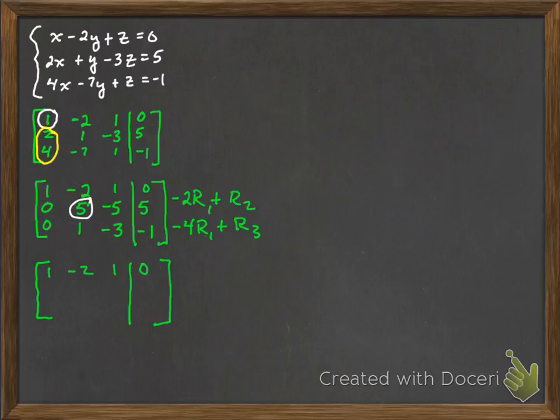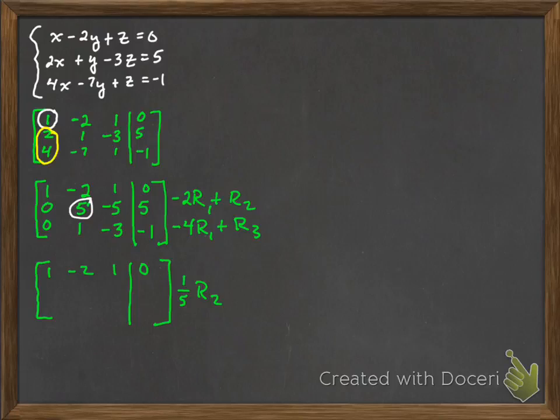Well, one thing that we can do if we recognize all the numbers in this row are divisible by 5, is multiply row 2 by 1/5. We don't have to add it to anything. We just simply multiply row 2 by 1/5.